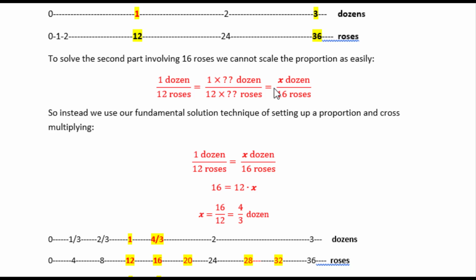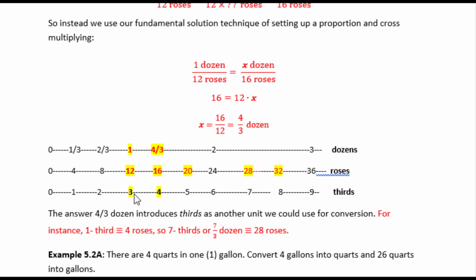There's nothing you can conveniently multiply 12 by to get 16, so we use our fundamental technique of cross-multiplying and then dividing. You can see that the number of dozens would be 4/3 of a dozen. On the number line, 16 roses is the same as 4/3 of a dozen. We're using this technique that we learned in Chapter 4.